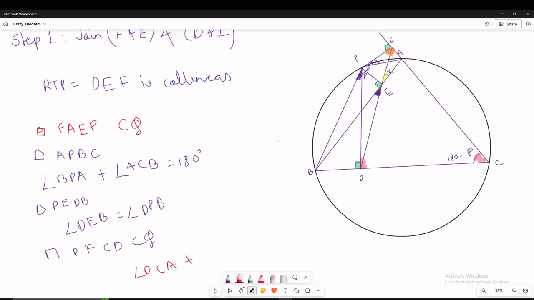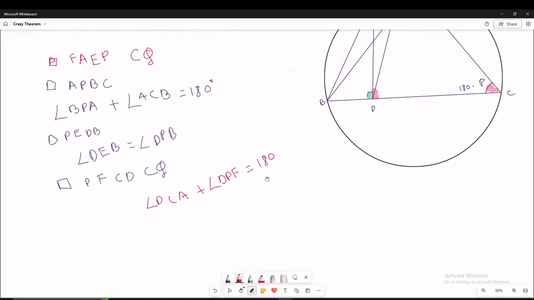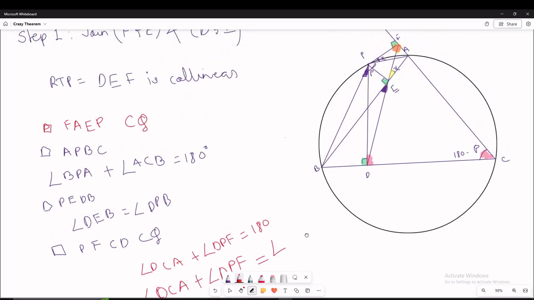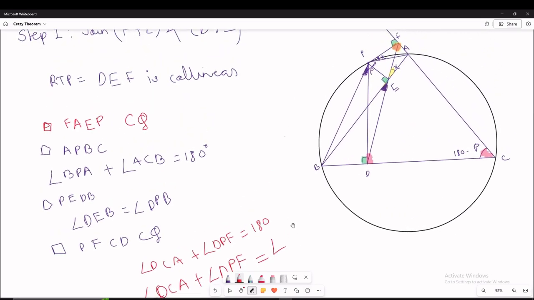So this plus angle DPF is equal to 180. What else is equal to 180? Angle DCA plus angle DPF is equal to angle ACB plus angle BPA.